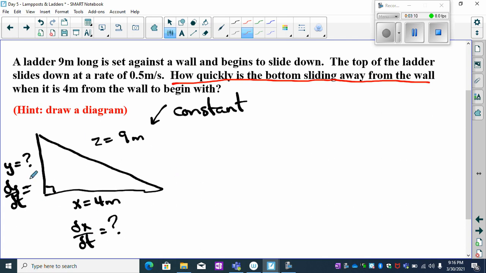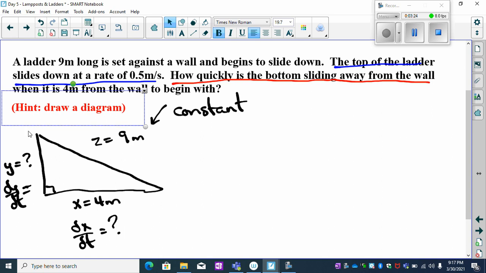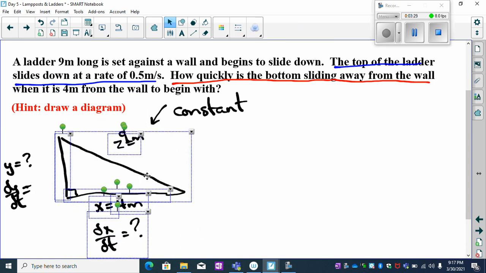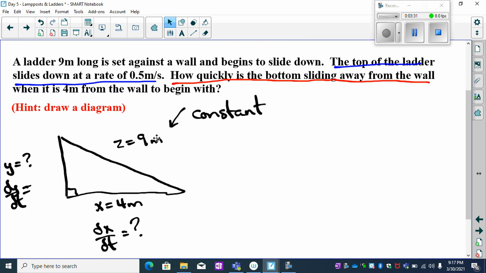dy over dt, that's given to me. Top of the ladder is sliding down at a rate of 0.5 meters per second. So this would be, let me just move this a little bit. Give me a little more space.